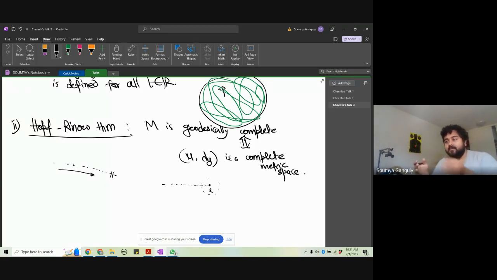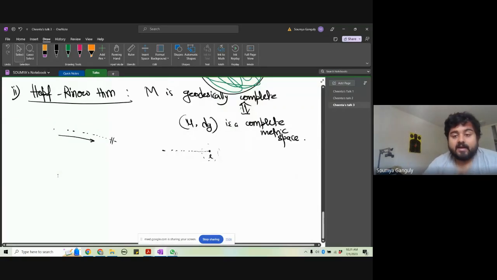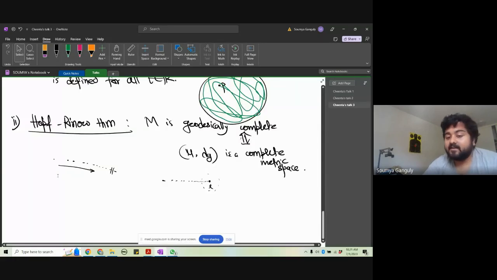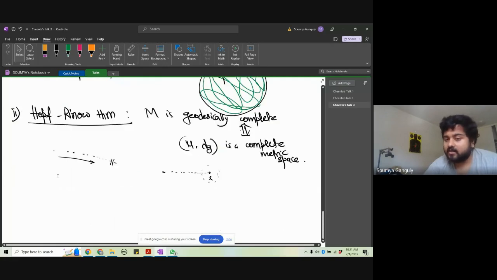You know the concept of a limit, right? So if you have a sequence of points where the distance between points is arbitrarily decreasing as you go on in the sequence, there is a limit of that sequence. So now we know what a complete Riemannian manifold means. It means either geodesically complete or, equivalently, (M, d_g) is a complete metric space.